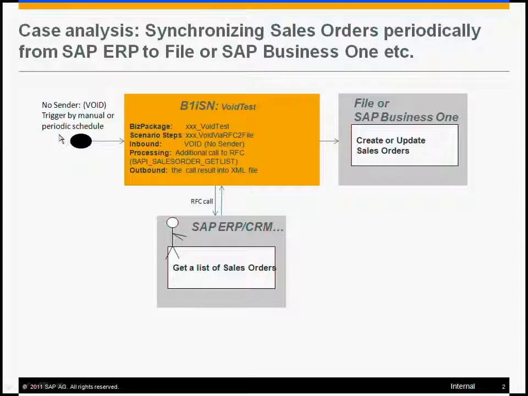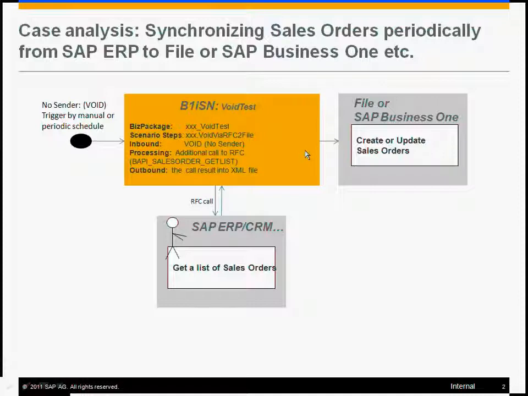That means we can create a scenario triggered by a menu, by clicking a button to immediately start the processing. Or we can schedule the scenario to run every day or every week.